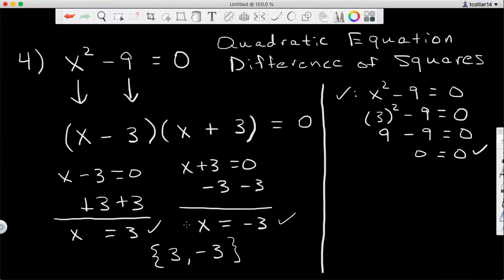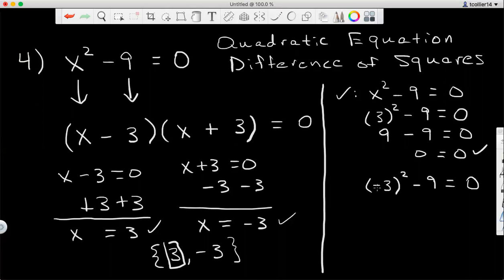Okay, so 3 must be a part of the solution set. Let's look at negative 3. What if I plug in negative 3? Does anything change? Not really. So I still have something squared minus 9 equals 0. That negative 3 is going to cause it to become a double negative.